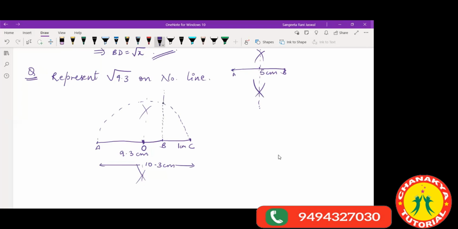So this point is taken as D. Yes? Understood this much? Draw a perpendicular line from A which touches the circle at D. I hope everyone is understanding. Please show your thumbs up if you are understanding. Otherwise, I'll keep explaining this only.